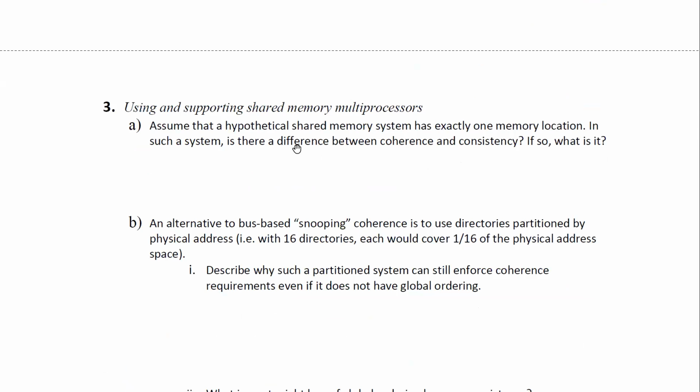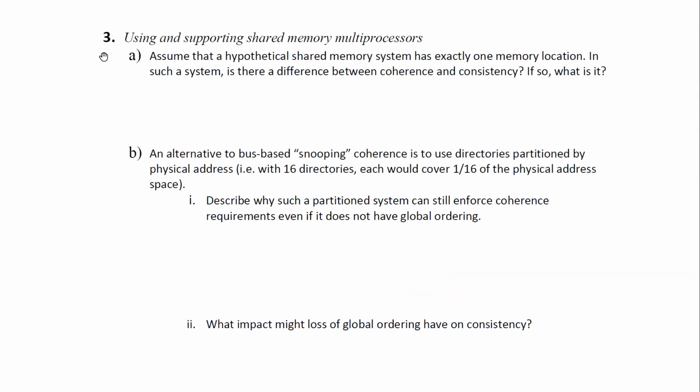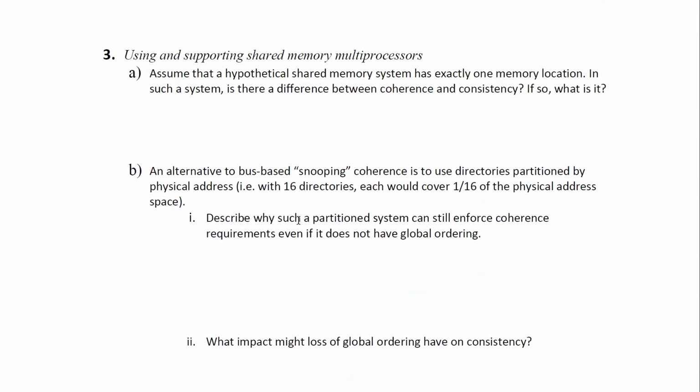Right. So if you think about what these are broadly asking about, that's definitely in scope. They're looking at what are some of the differences between coherence and consistency, and how different ways we implement them affect one or the other. But the degree of depth, these are going deeper than we would in a timed exam.